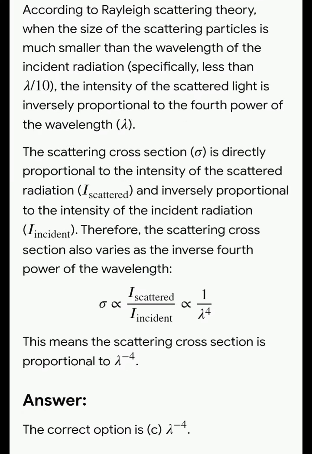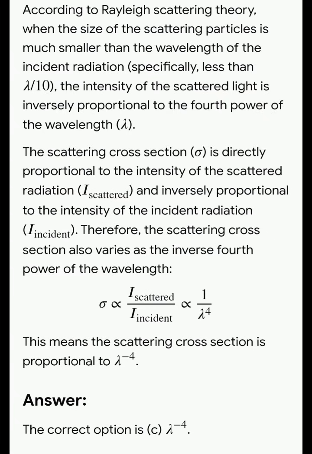The next question is, if a radiation of wavelength lambda is incident on a particle having size less than lambda by 100, the scattering cross section of the individual scatterers will vary as dash. We know by Rayleigh scattering theory, the intensity is inversely proportional to the fourth power of wavelength, and the scattering cross-section sigma is directly proportional to the intensity of the scattering radiation.